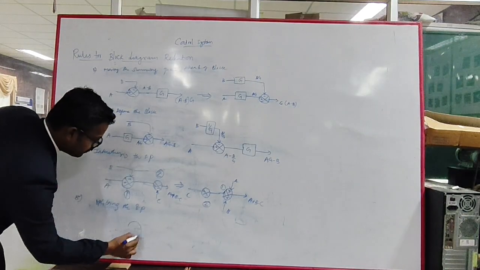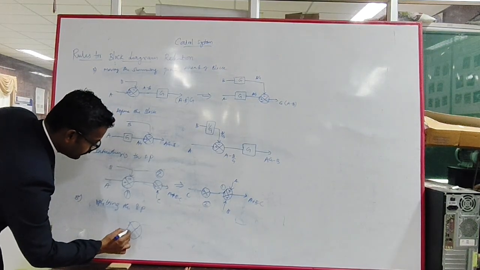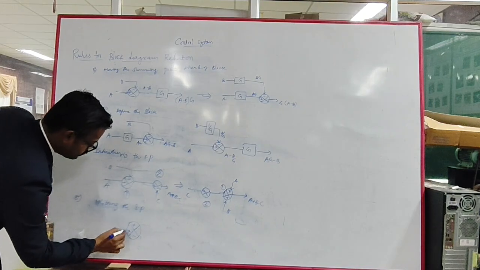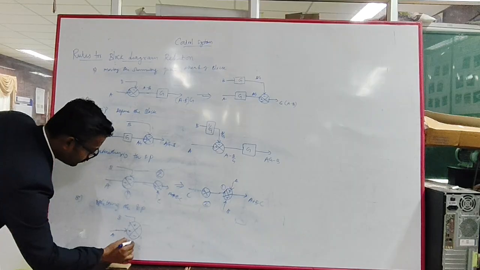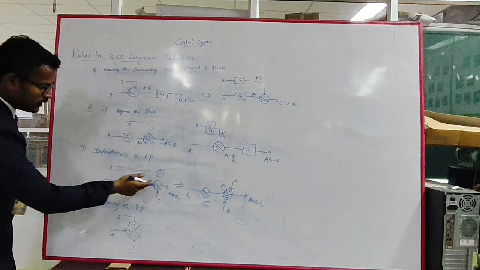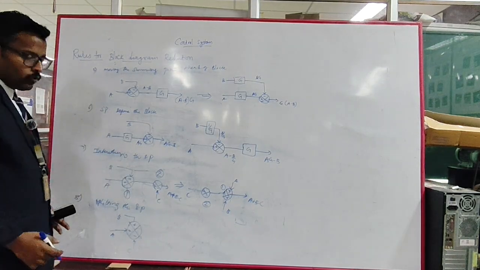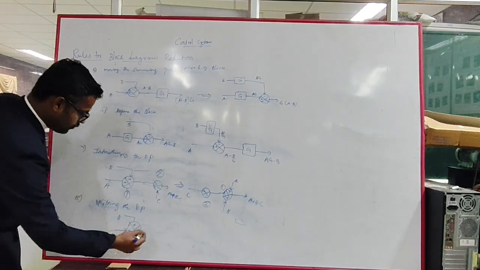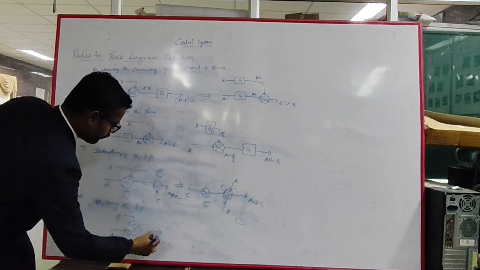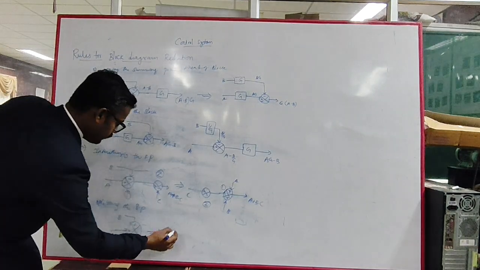Splitting the summing point is the same summing points, plus or minus. So the same example, if you take it, this is A, this is B, and this is C, the same things. We can add it in one single block itself, so we can rewrite it like this. The same summing point can be split.